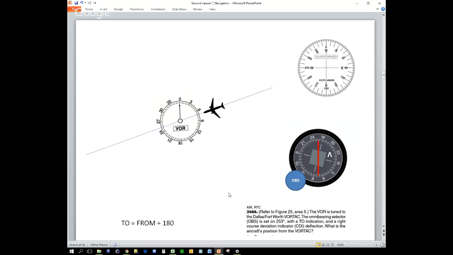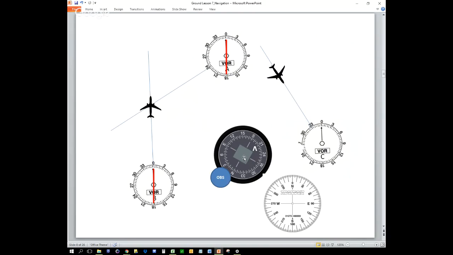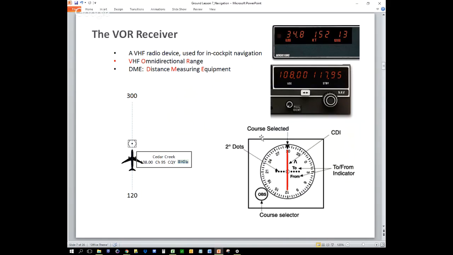Yeah, and that's actually a good question because you can tell, depending on how far you are from the station, if you look at how many dots. Let me get back to a real VOR receiver here. You can tell how many dots the CDI needle is deflected.